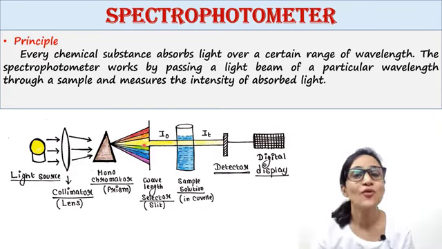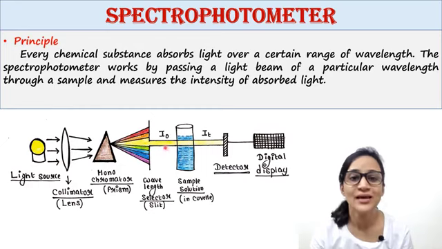Then it is the wavelength selector or slit. It transmits only the desired wavelength, which you can see is yellow in this case, and then it passes through the sample solution.